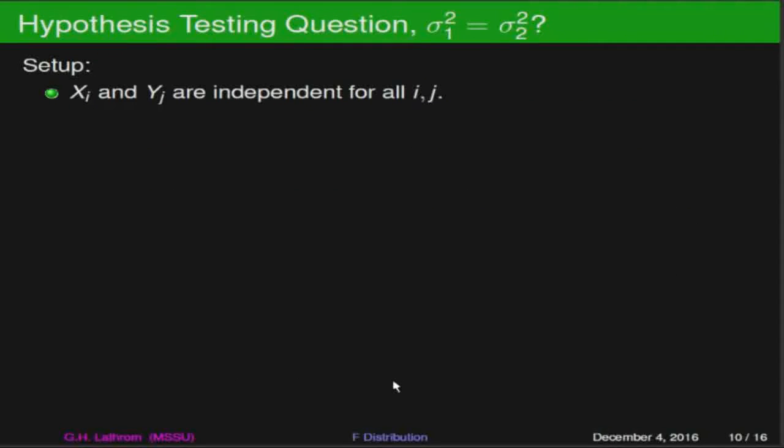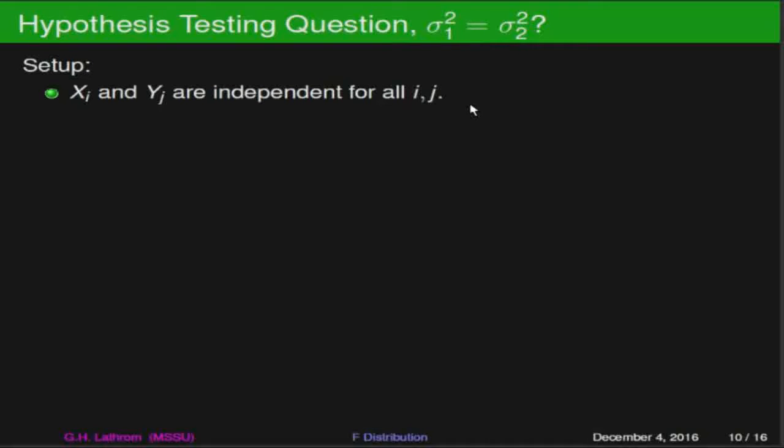So now let's look at our hypothesis testing question. The setup for that: we have 2 groups of independent variables. So we've got a bunch of x's and we've got a bunch of y's from 2 different distributions.